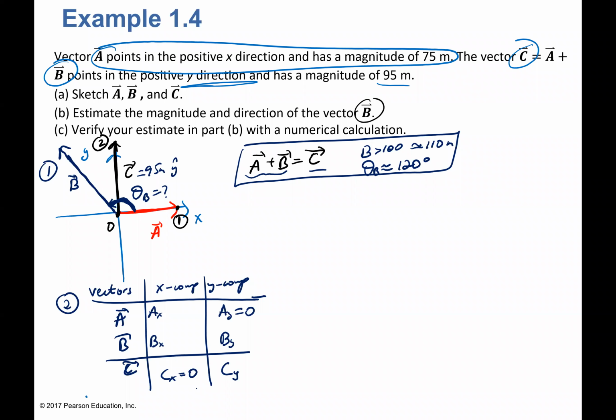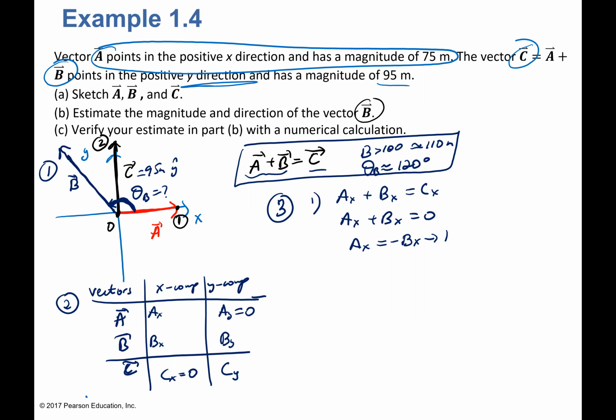That means that if I look at step 3, those two equations, Ax plus Bx equals Cx, then what I will get here is Ax plus Bx equals 0 because Cx equals 0, which means the x component of A is equal to the negative of the x component of B.